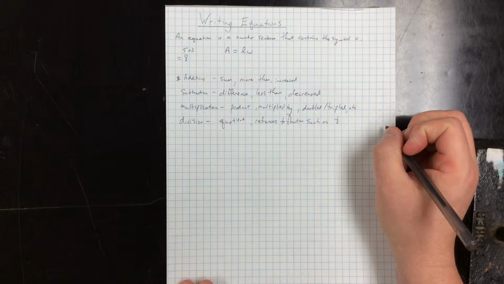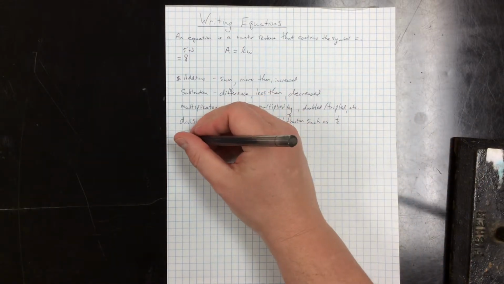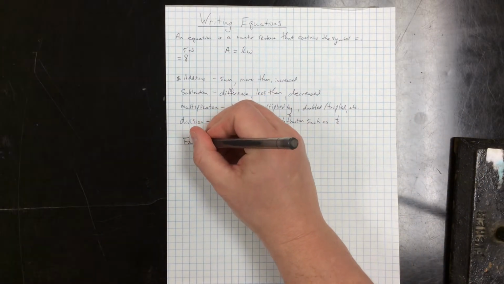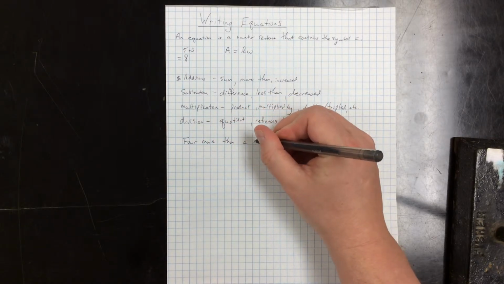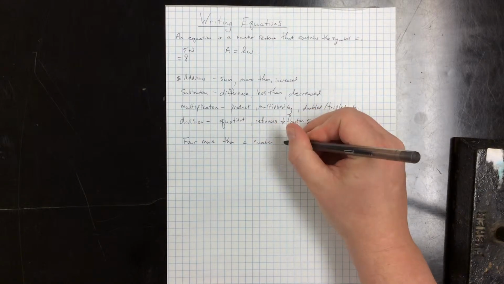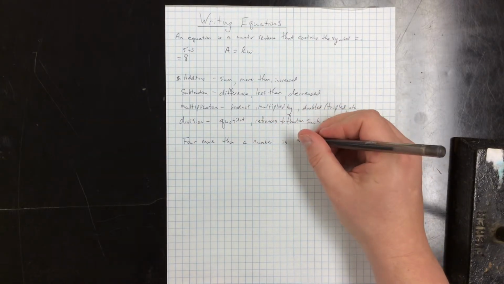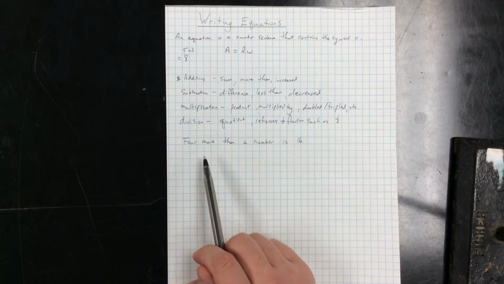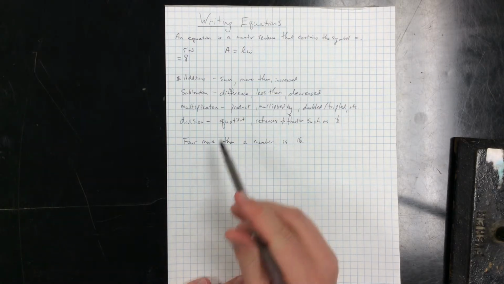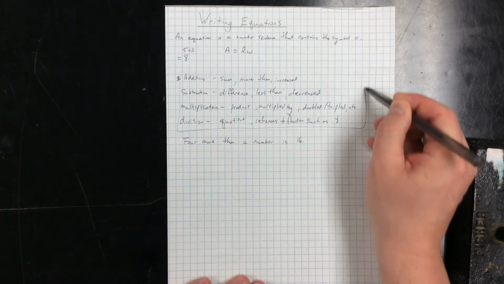So we may come across something like 4 more than a number is 16. We'd probably be able to figure that out pretty quickly in our heads, but if we're going to write this out as an equation to get ourselves ready for more difficult questions later, we're going to look for some keywords. First thing we look at is our list up here.